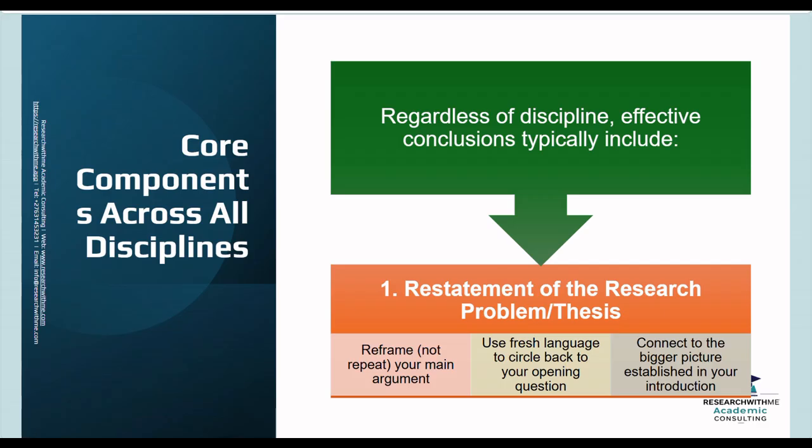Then connect to the bigger picture that was established in the introduction, meaning that it could come in the form of saying that the result of this study has shown that this and this and this, which will now be a description of a response to the gap that you identified and the aims that you set out to achieve from the introduction. We're going to see an example.